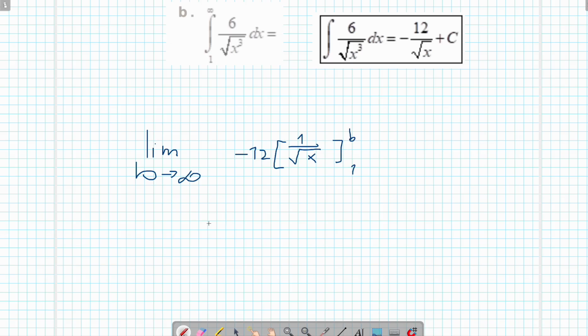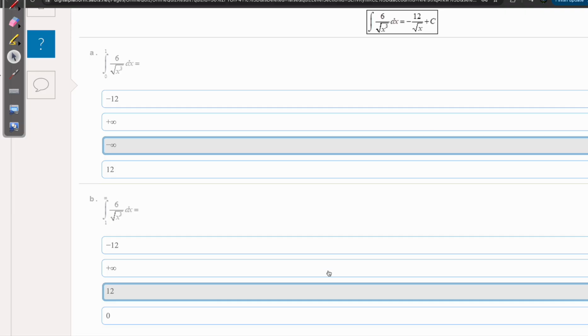So 1 over radical infinity is infinity, right? So 1 over infinity is 0. 0 minus, then of course don't forget the negative 12 here. 1 over radical 1 is 1. So negative 1 times negative 12 is equal to 12, which is the right answer.